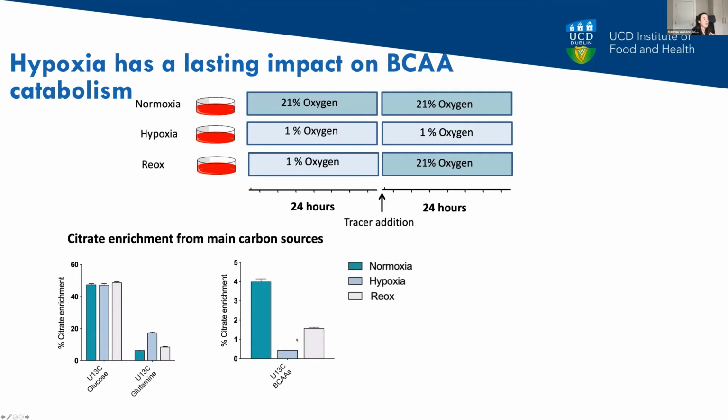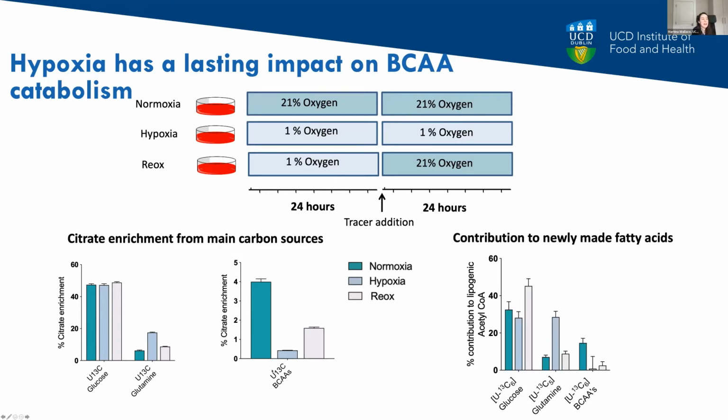However, when we looked at branched-chain amino acids, we can see again that it's significantly suppressed with hypoxia, and it doesn't really fully recover in those 24 hours after hypoxia. So this indicated to us that this pathway seemed to be more susceptible and more sensitive to changes in oxygen than some of the other pathways we were looking at.